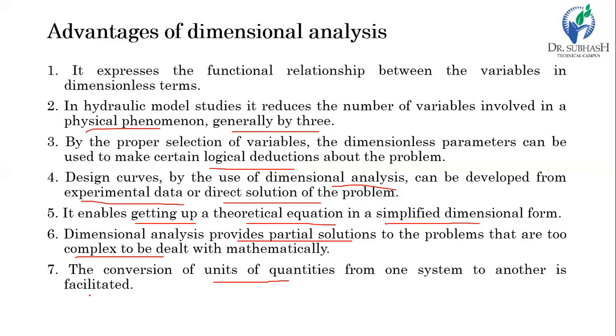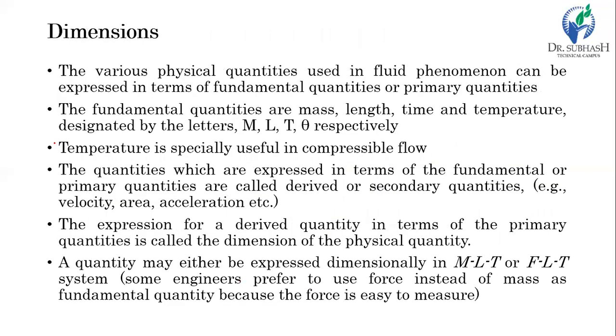After completing the advantages of dimensional analysis, let's go through what a dimension is. The various physical quantities used in fluid phenomena can be expressed in terms of fundamental or primary quantities. All the parameters, all the quantities have some dimension. That dimension may be a fundamental dimension or a derived dimension. If we talk about fundamental dimensions, there are three or four.